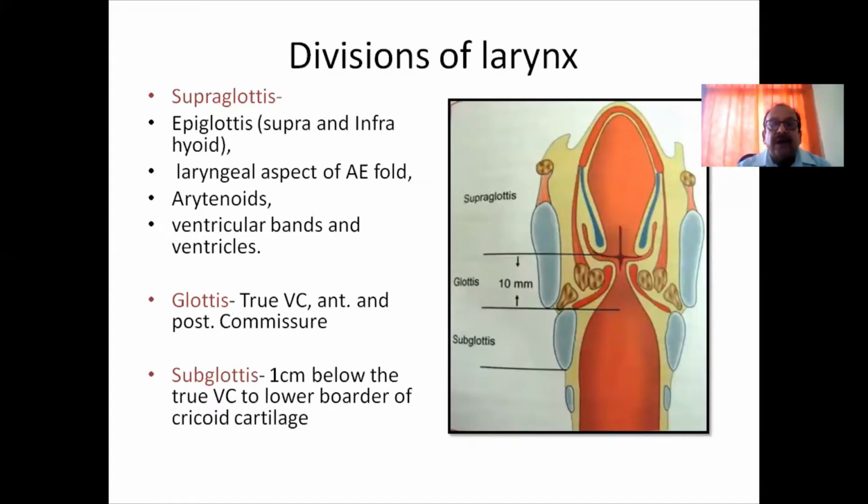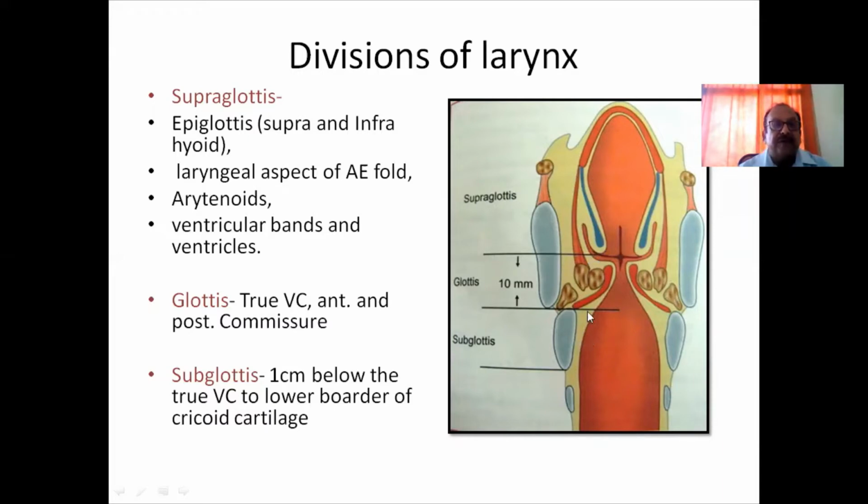Now let us see how we divide larynx anatomically for the ease of understanding. So it is divided into three areas. The supraglottis, that area is above the level of two vocal cords. Then the glottis, this is the area of the two vocal cords, anterior and posterior commissure.